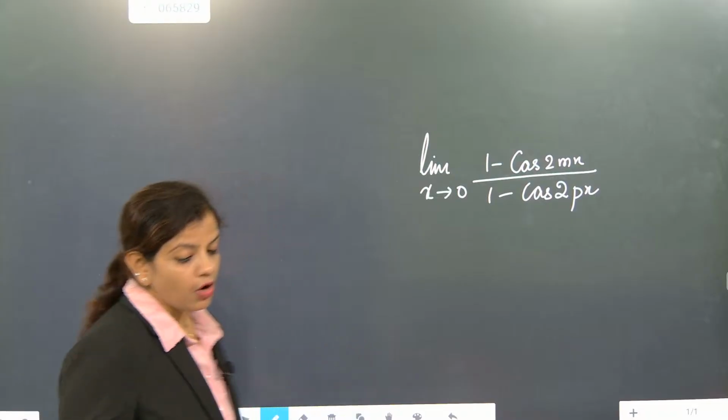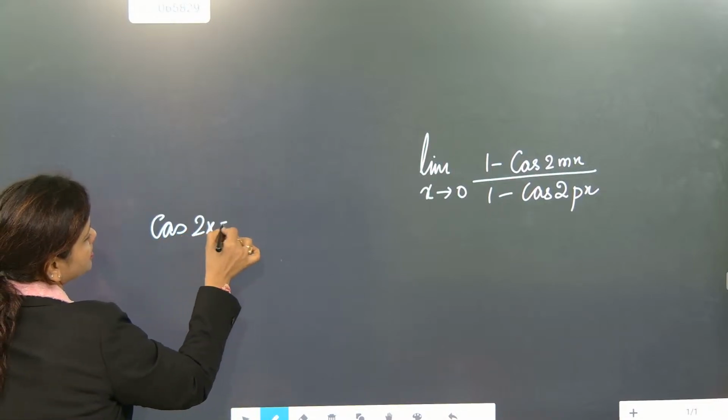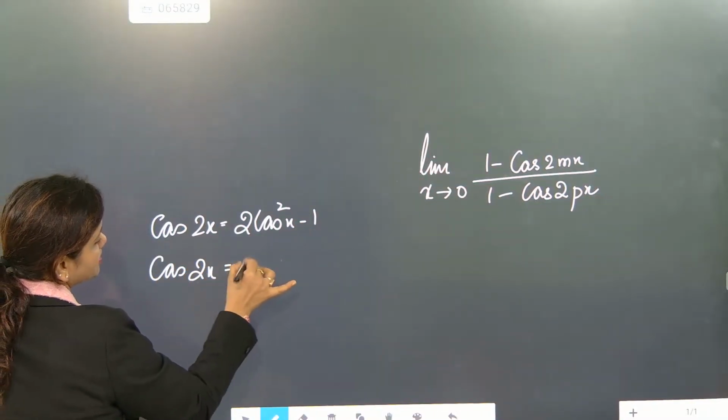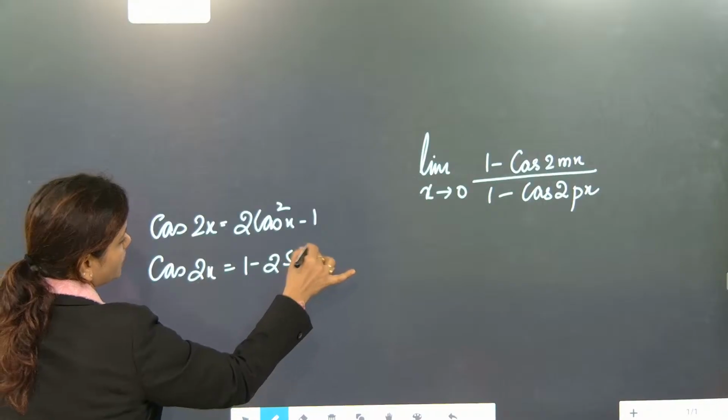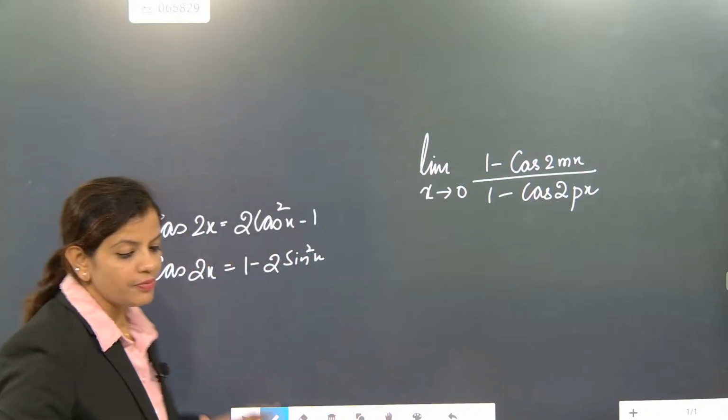See, I already taught you the formula for cos 2x. So cos 2x is 2 cos square x minus 1, or cos 2x can be written as 1 minus 2 sine square x. So these are the two formats we can use. But here which format are we going to use?